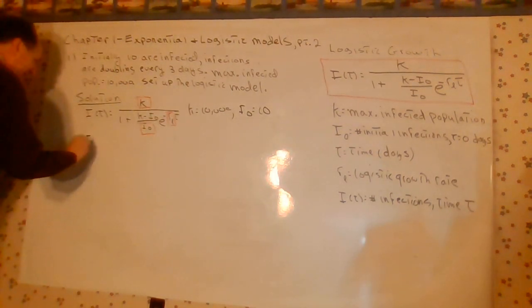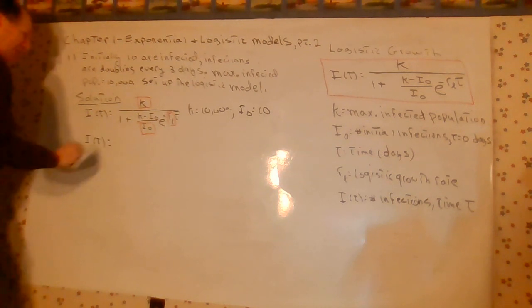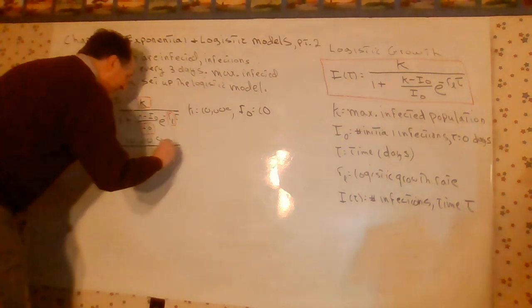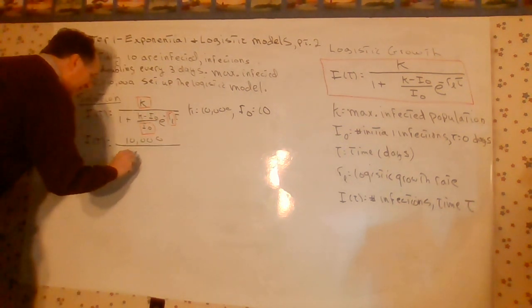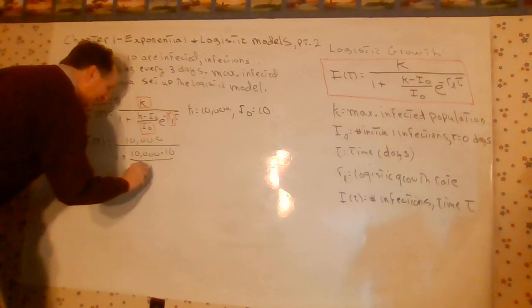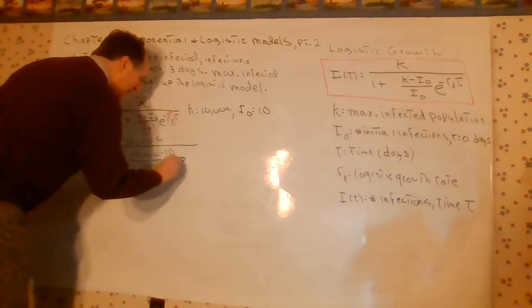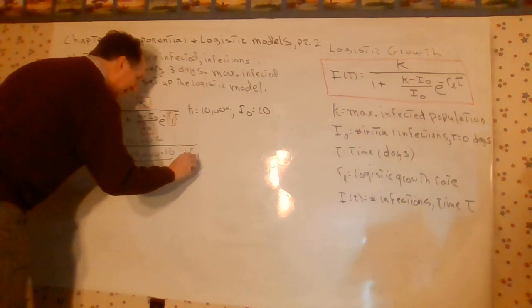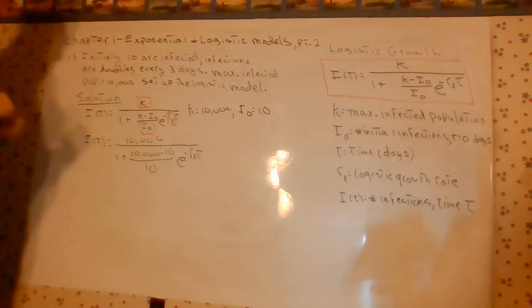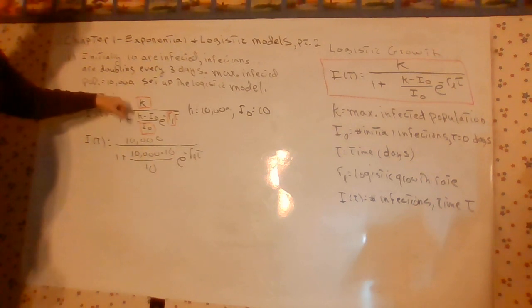We have I(t) equal to 10,000 divided by 1 plus (10,000 minus 10) divided by 10 times e to the minus R_L t. So we plug these parameters in for K and I0.